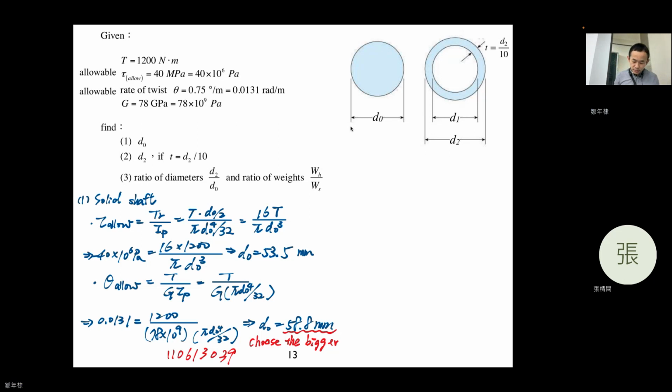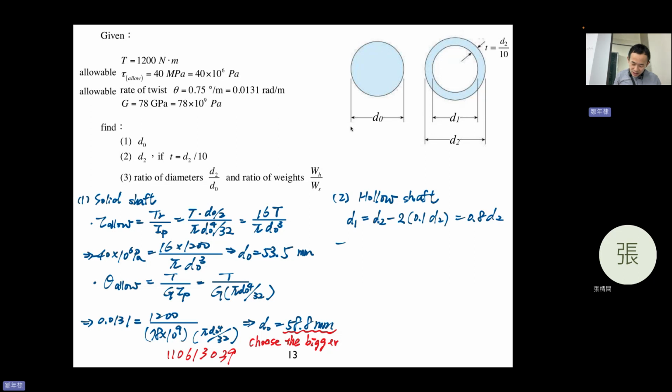Right. How about the hollow one? D1 equals D2 minus 2 times 0.1 D2. Don't forget the 2, right? If t equals D2 divided by 10, okay? So D1 is 0.8 D2.